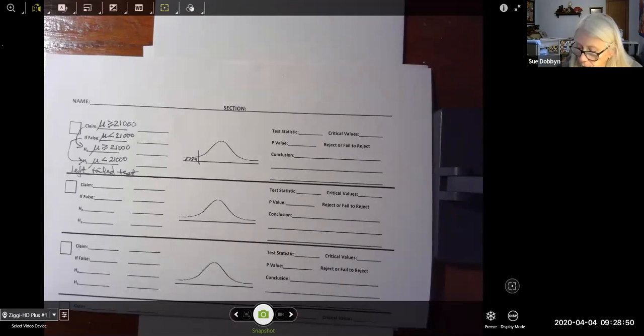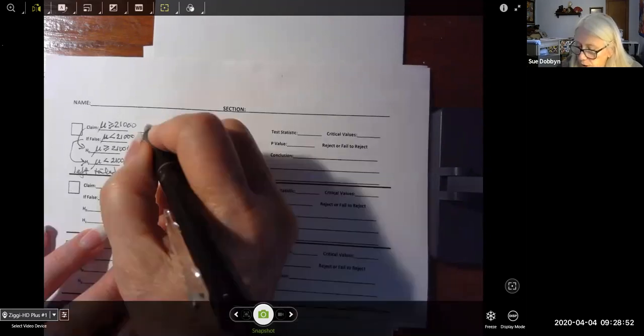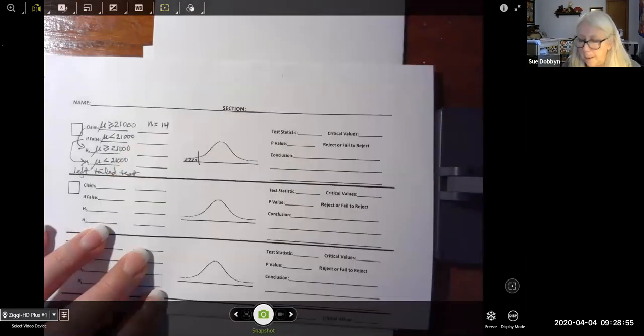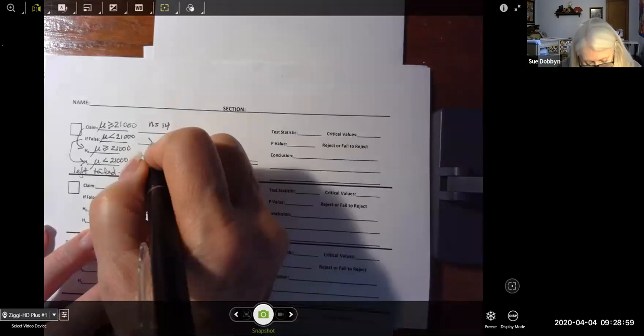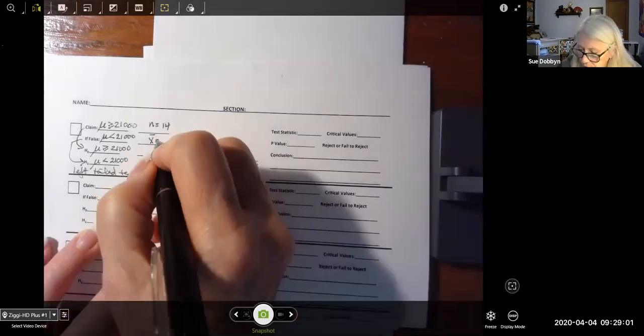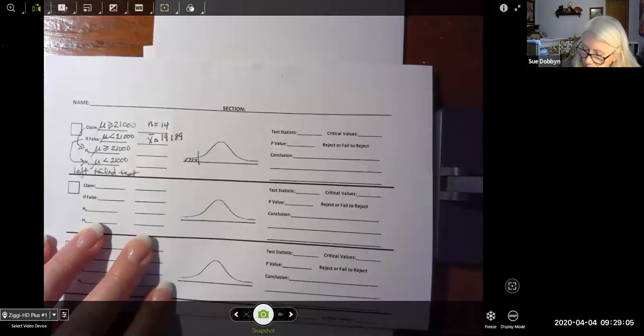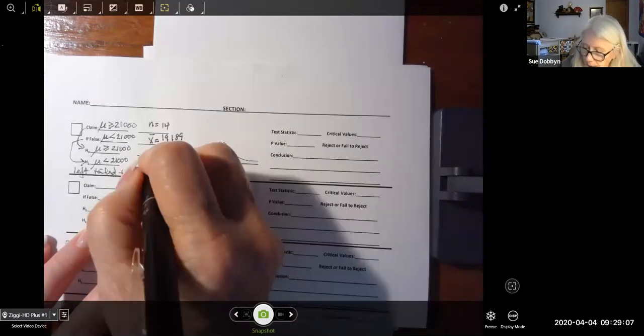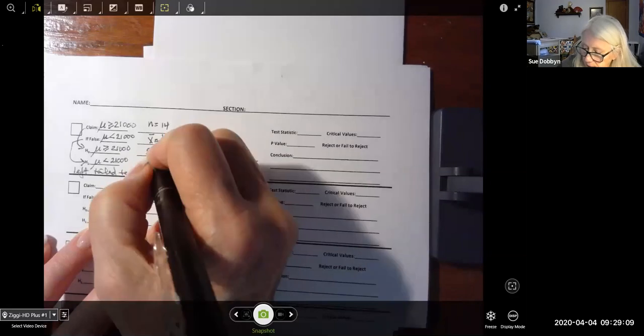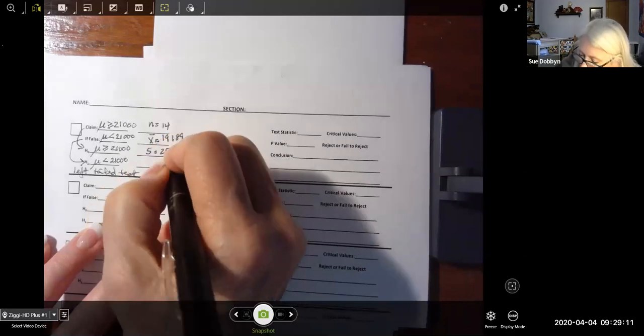Your N was 14, so that's your number in the sample. X bar, the sample's mean, was 19,189, and the standard deviation of the sample, that's S, is 2,950.